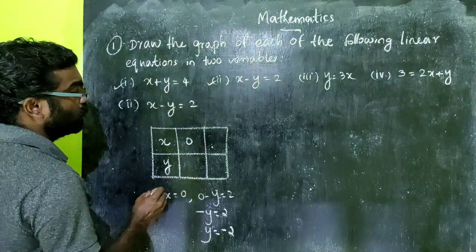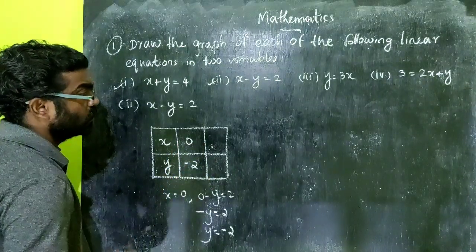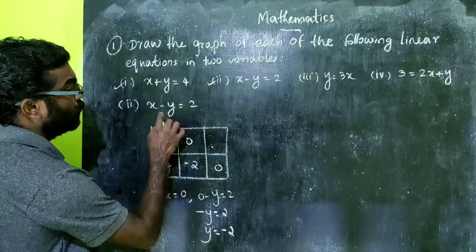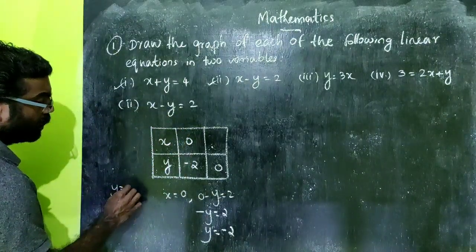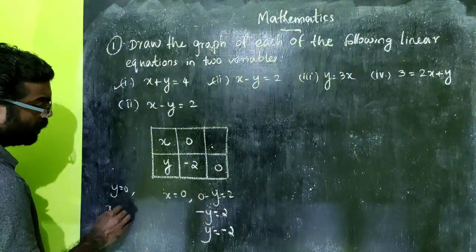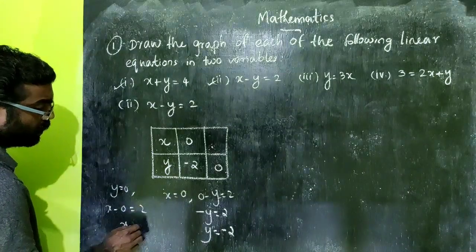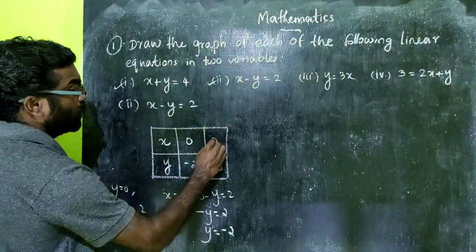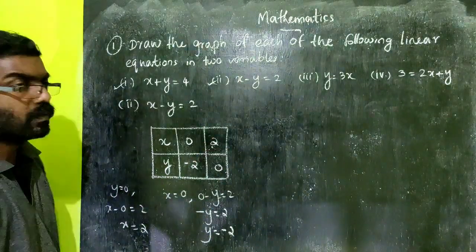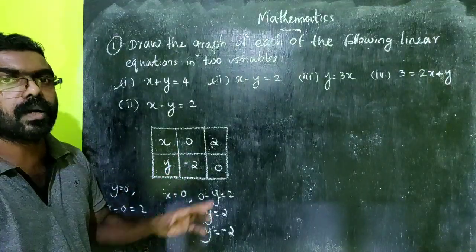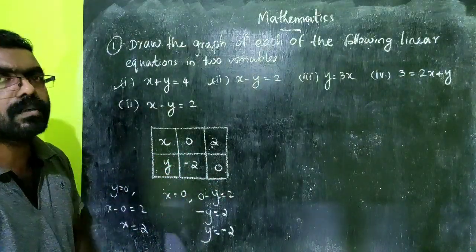So x equal to 0 implies y equal to minus 2. And y equal to 0 implies x minus 0 is equal to 2, or x equal to 2. So here we can mark 2. So (0, -2) and (2, 0) are two different solutions.